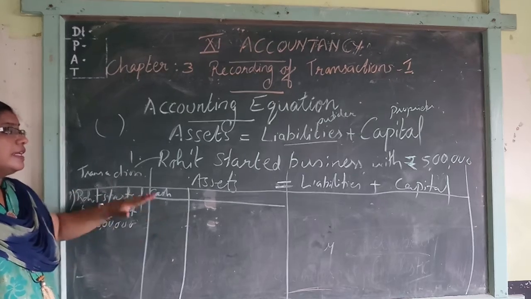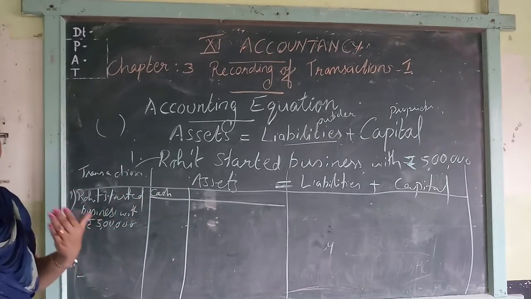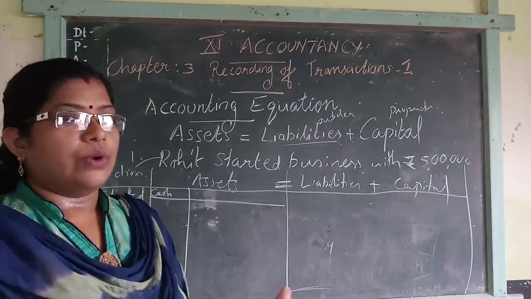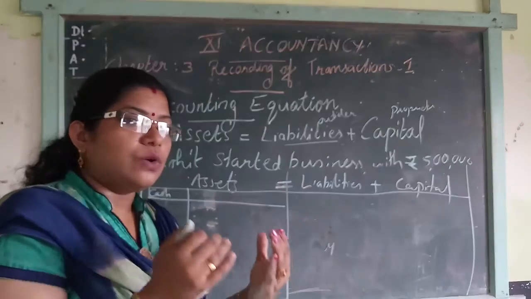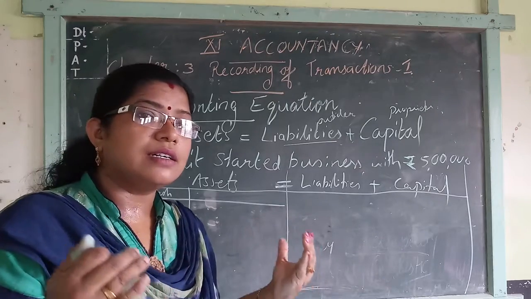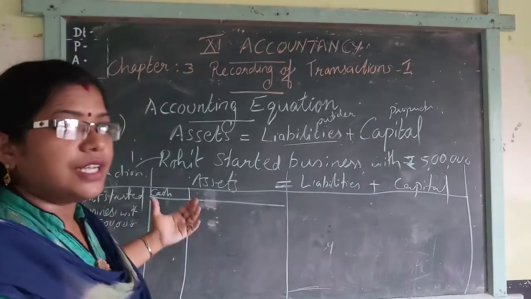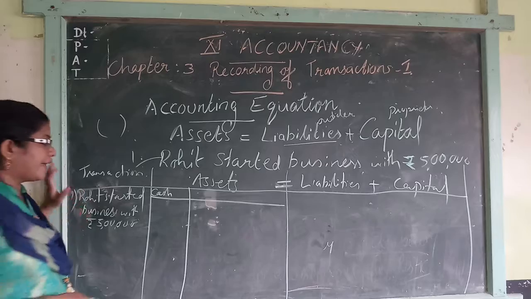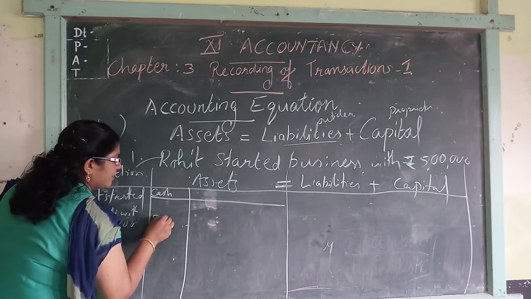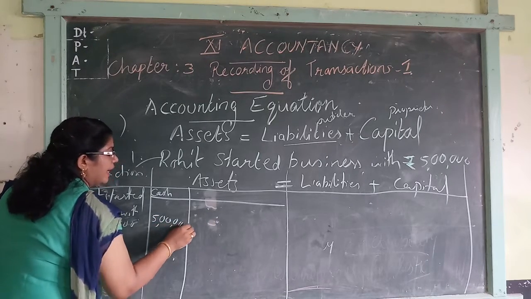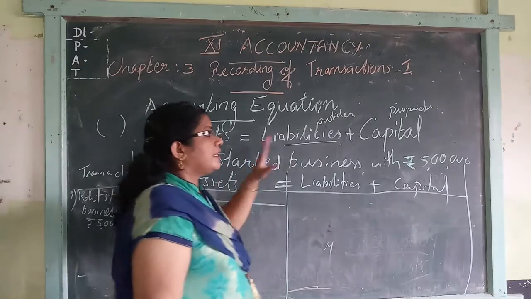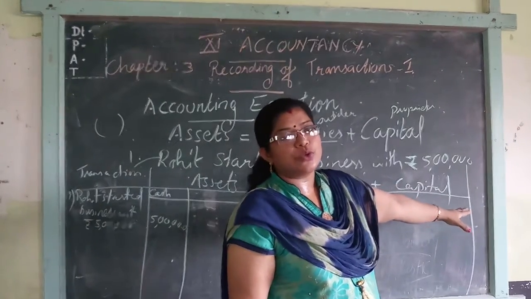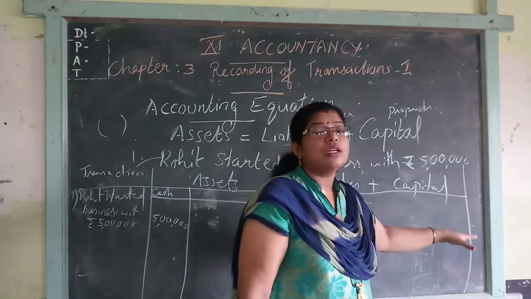Always think from the business point of view only. Rohit deposited 5 lakh in the business, meaning cash increased by 5 lakh rupees, so I write 5 lakh in the cash column. The second aspect is capital. The amount Rohit contributed is called capital.